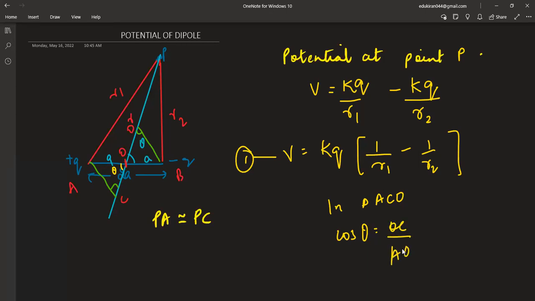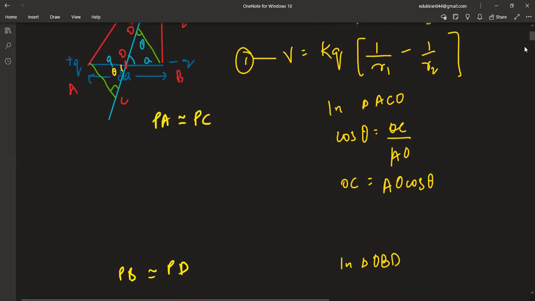OC divided by A. So what is OC? OC is actually AO cos theta. Agreed? What is AO? AO is just half of 2A, that is A. So your OC will become A cos theta.